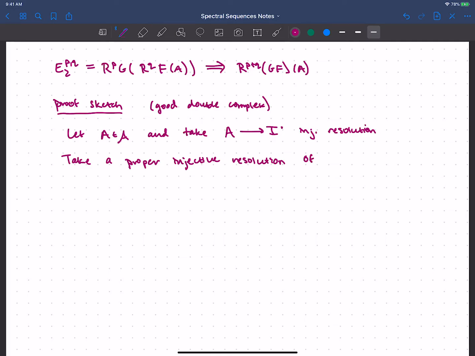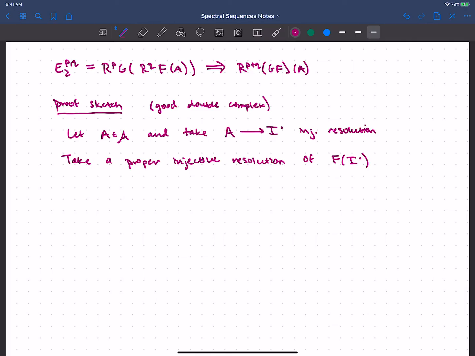Let's do this for our left exact functor F applied to, sorry, not A, but applied to this injective resolution. Okay, so of course we need to have enough injectives there, and this F of I lands in B, and we had enough injectives, so great, we're going to be able to do that using, of course, these lemmas from the previous video, including the horseshoe lemma along the way.